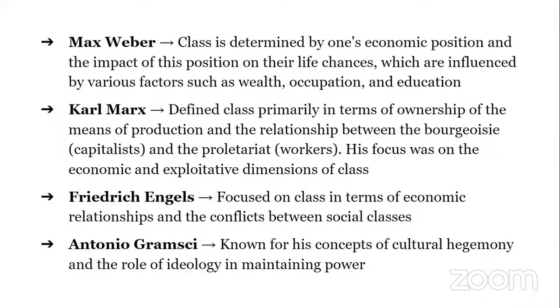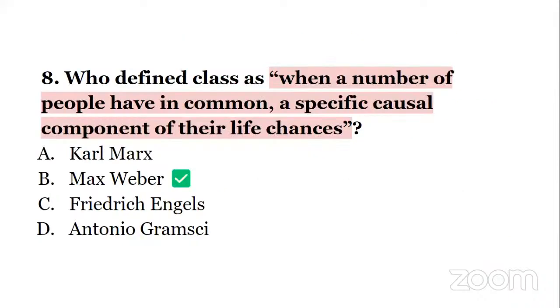Then Engels focused on class in terms of economic relationships similar to Marx, and he also focused on the conflicts between social classes. Then Antonio Gramsci is famous for his concept of cultural hegemony and the role of ideology in maintaining power. So it is clear that our answer is Max Weber. He defined class as when a number of people have in common a specific causal component of their life chances. On to our next question.